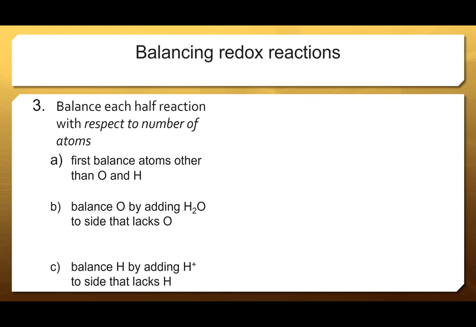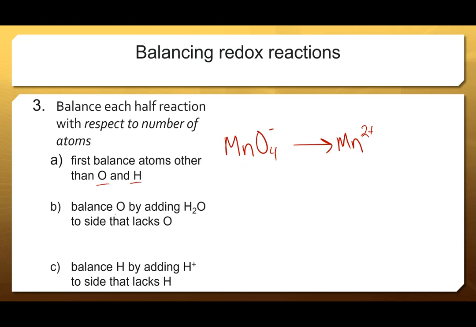The other one is a bit more difficult. The other one is MnO4- becomes just Mn2+. The first thing that we're going to balance is atoms other than hydrogen and oxygen. We've got one manganese on each side, so that's balanced.